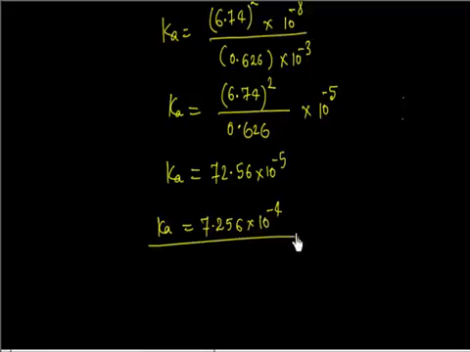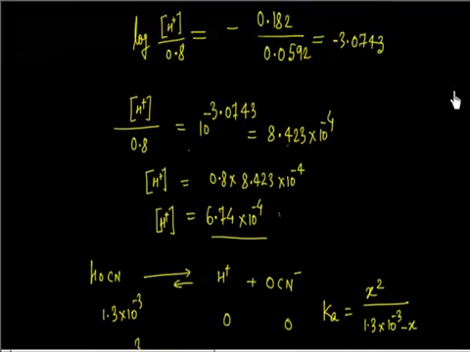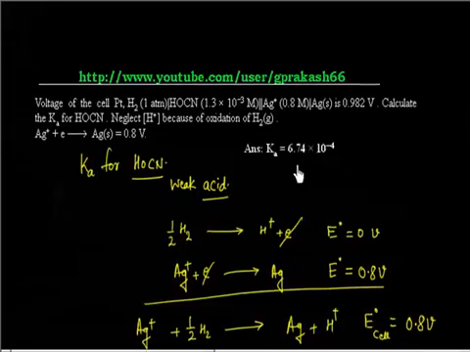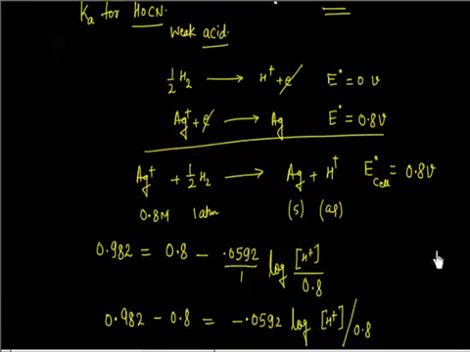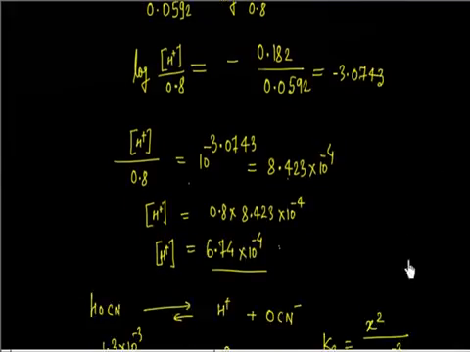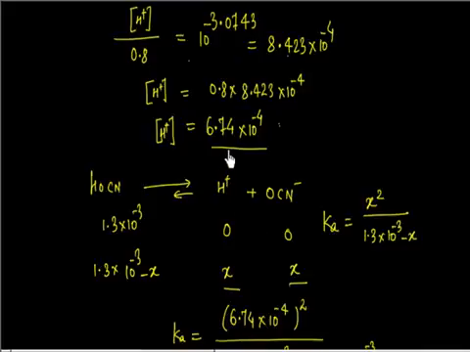You see, the answer you have is not exactly the same. The answer given is 6.74, but the 10 to the power minus 4 order is almost the same. This difference is coming because this value, 0.799, is not the exact value used. This is one reason, and another reason may be rounding, because maybe in the answer part they have done rounding. In this case I have taken exact figures.